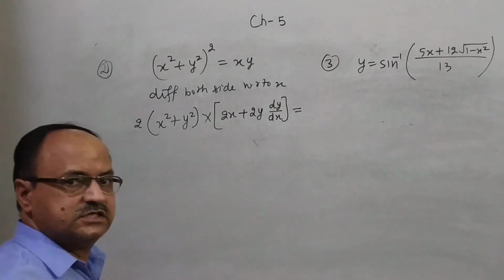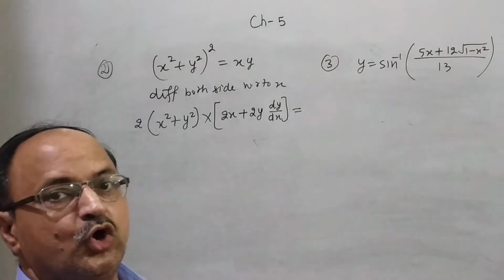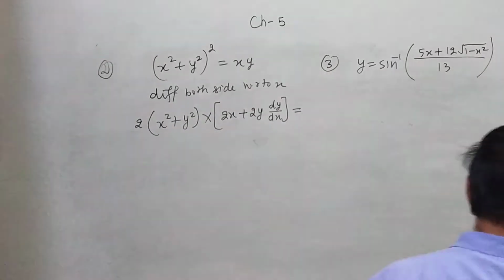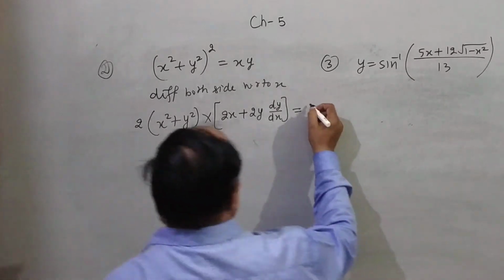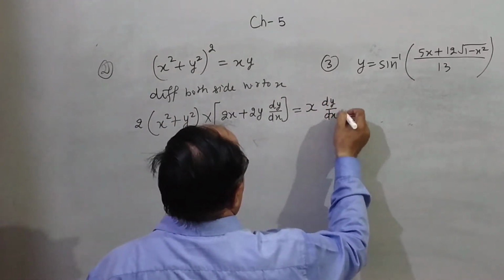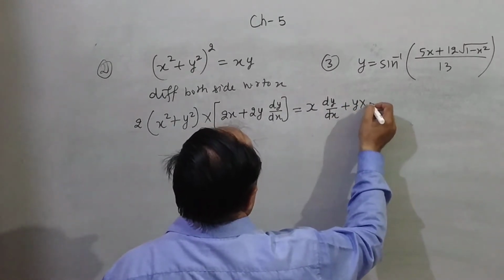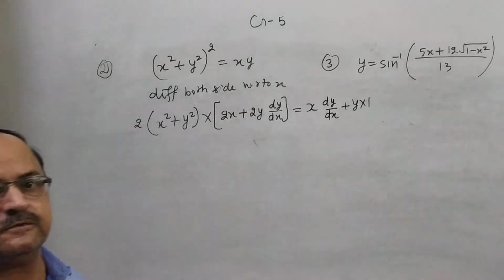In the right hand side, apply the product rule. x as it is, derivative of y, dy by dx, plus y as it is, and derivative of x, 1. Clear?